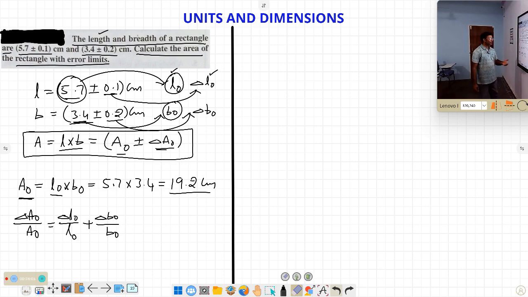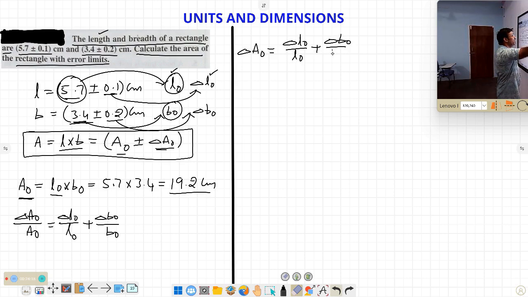Now use this formula to calculate the delta A naught value. What is the delta A naught value? Delta A naught is equal to delta L naught by L naught plus delta B naught by B naught, into which we can multiply A naught. Now we can write what is delta L naught. Look at this value already taken. Delta L naught is equal to how much? That is 0.1.